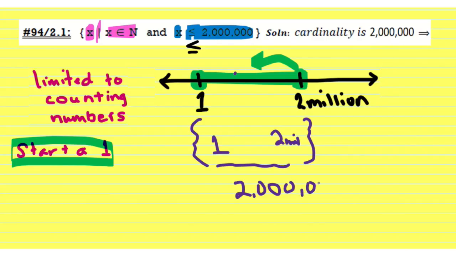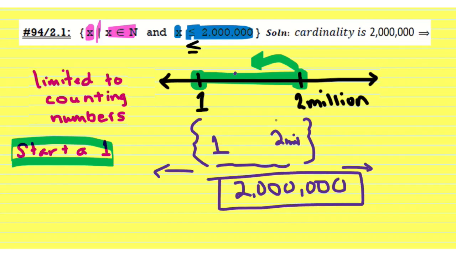So do we have a definite number of elements? Yes, it's limited. It does not go on forever in the negative side. It does not go on forever on the positive side. We have 2 million numbers that will be contained in this set.